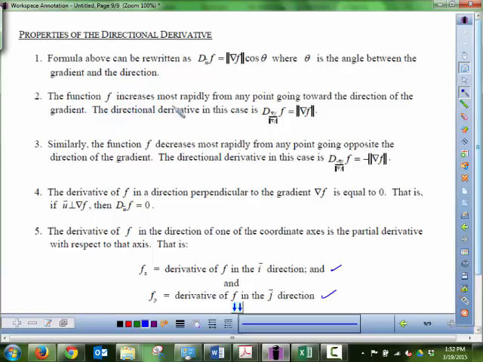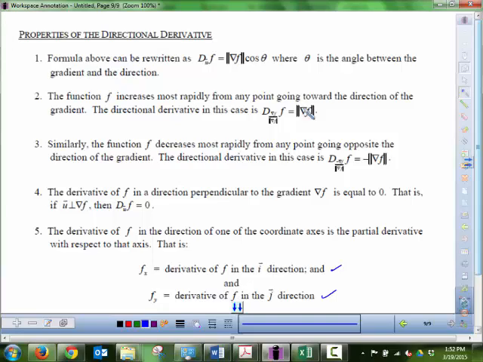The function f increases most rapidly from any point going in the direction of the gradient. And the directional derivative in this case, if you were to compute it, is the magnitude of the gradient. Okay?